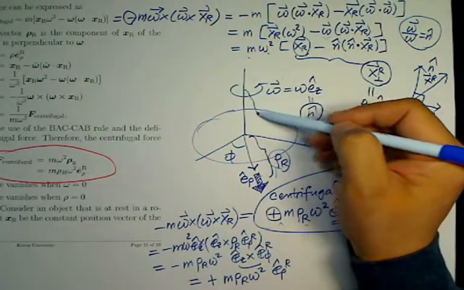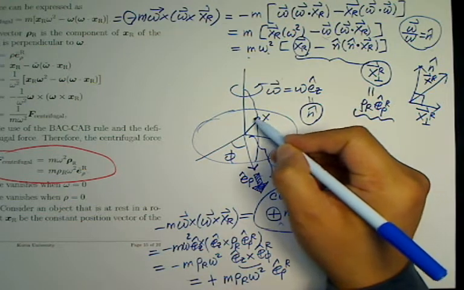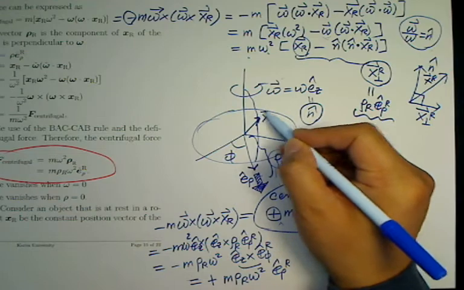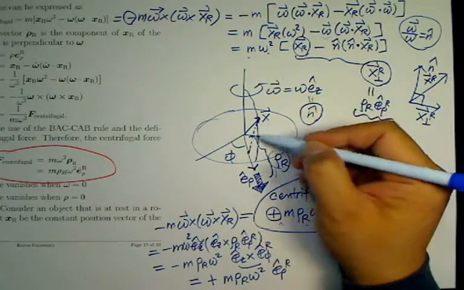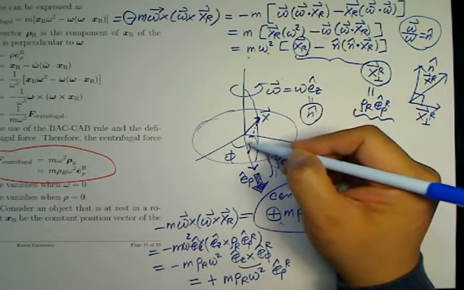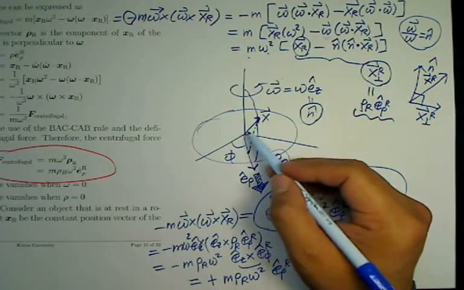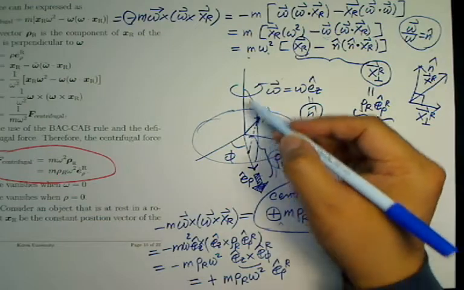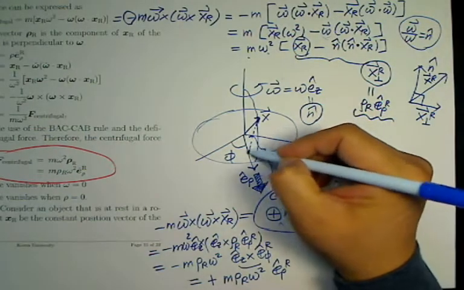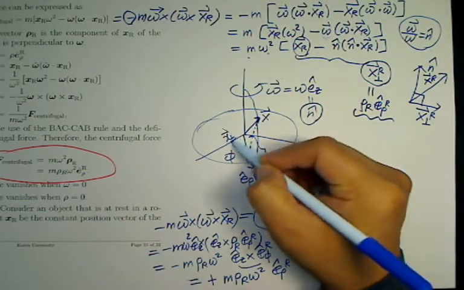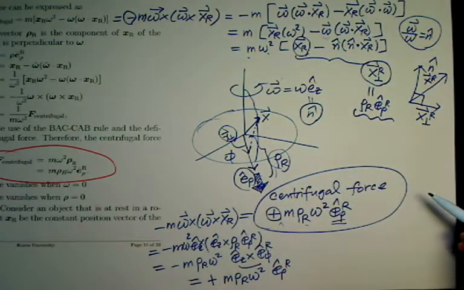So we have a plane. On this plane we have x, right? This x vector has radial components, and that direction is rho. So the magnitude of the perpendicular component of x relative to the axis of rotation will be x perpendicular. This vector is the x perpendicular vector, and the unit vector of x perpendicular will be e rho hat, right?